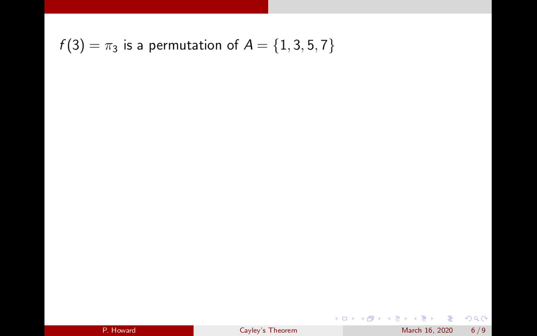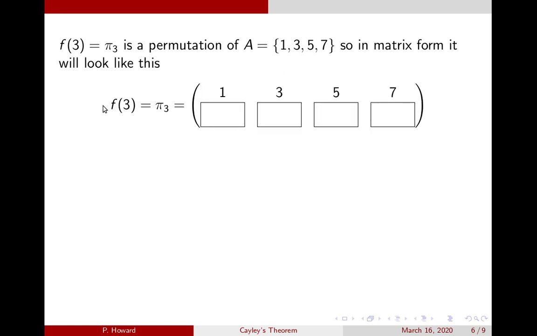So f of 3 equals pi sub 3 is a permutation of the set A, or will be as soon as we decide which one it is.